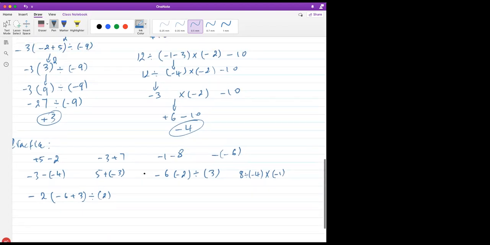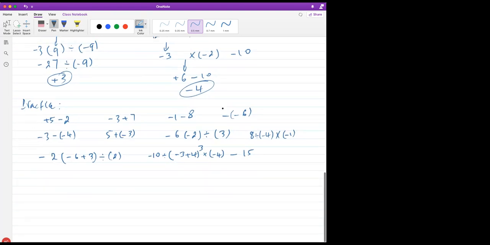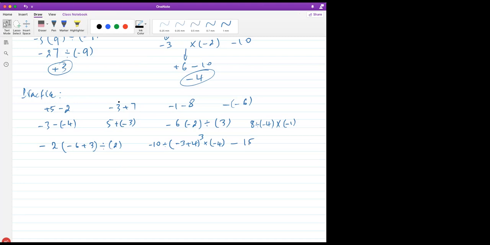And finally, okay, take some time to work on these. And we'll go over these once you're done.